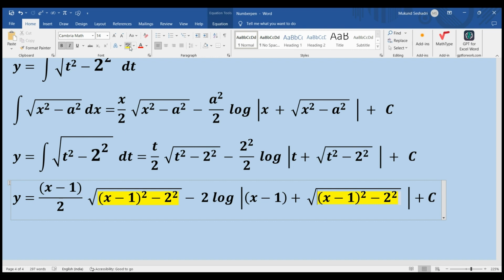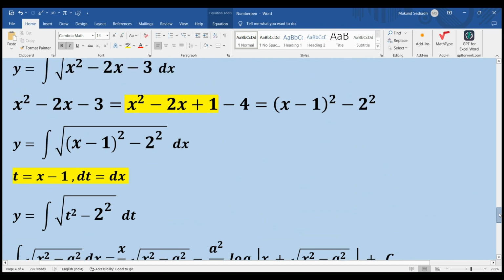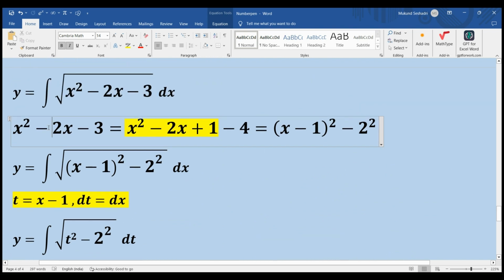Now what is this? This is nothing but the original quadratic expression from where we started, right? So what was that original quadratic expression where we started? I'm just going up and recollecting that my x square minus 2x minus 3, which was the original quadratic expression inside the square root, was nothing but x minus 1 the whole square minus 2 square, right?